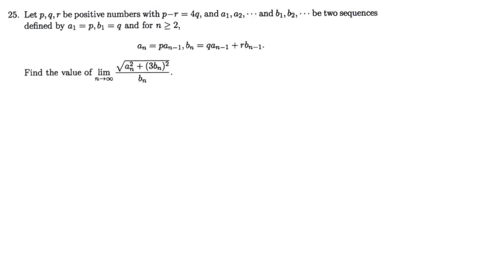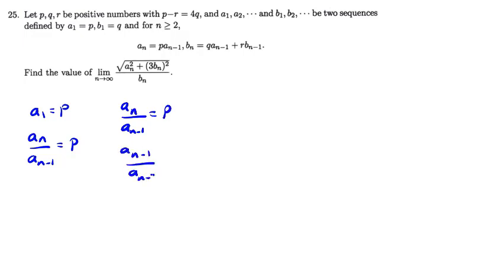At first, we try to find an. A1 is p, so an over an minus 1 is p. So we can say an over an minus 1 is p, an minus 1 over an minus 2 is p, down to a2 over a1 is p.